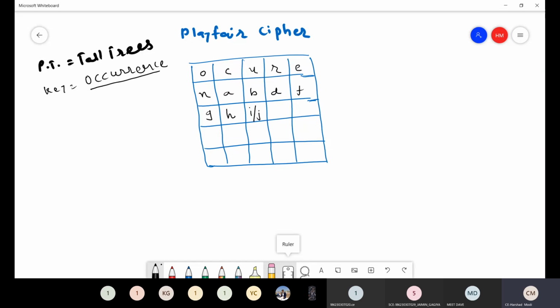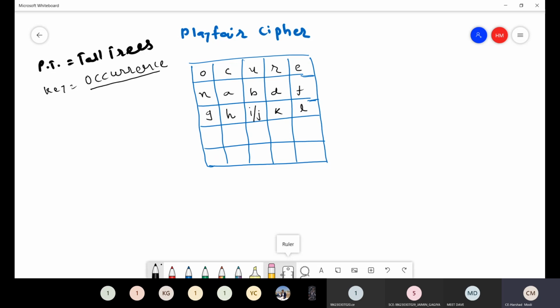The reason is that the frequency of I and J is similar in a number of words in the English language. So always I and J will share the common cell in the key matrix. We will consider either I or J, there is no issue.